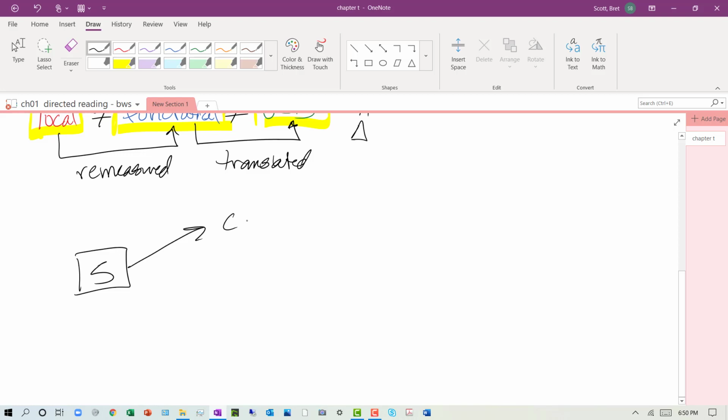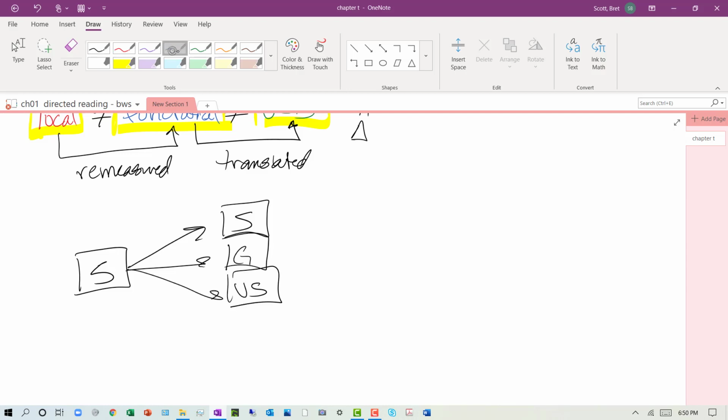You do business maybe with another Swiss company, maybe with a German company, maybe you do business here in the United States. If the functional currency is the euro, that's the key thing we're mostly concerned about. Go ahead and make your local currency the euro.